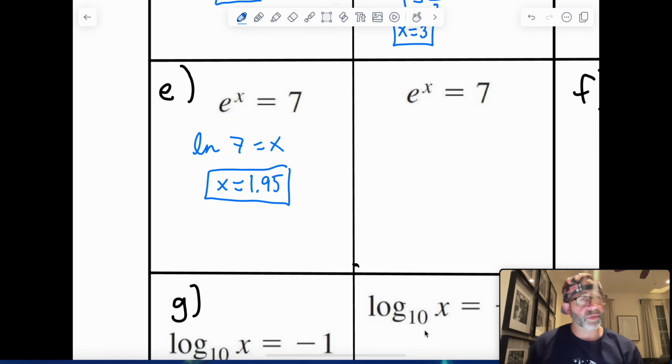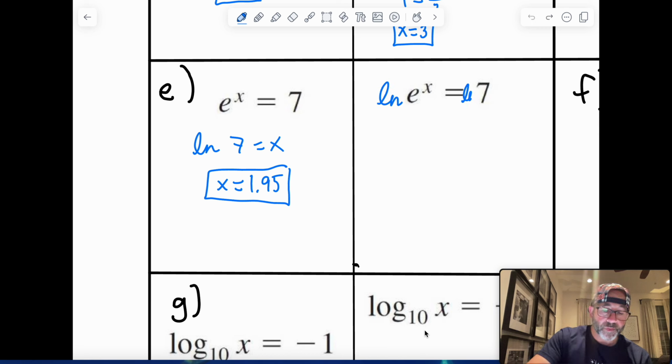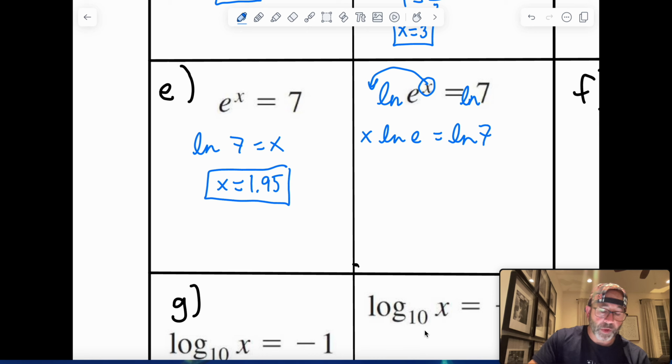How do we go about using other methods and properties? I can't use one-to-one, but here's what we can do. We can use a rule that says I can take the natural log of both sides of this function. If I do that, what we're going to end up with is natural log of e to the x equals natural log of 7. We could take the x and move it up front, and this makes it x natural log e is equal to natural log 7.